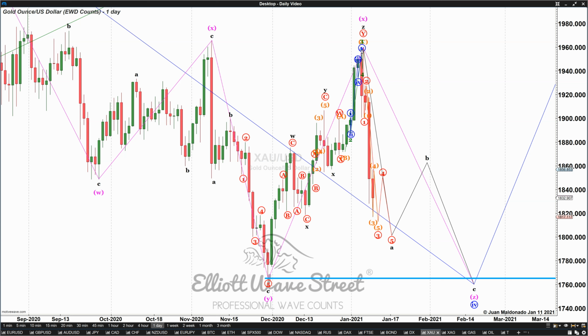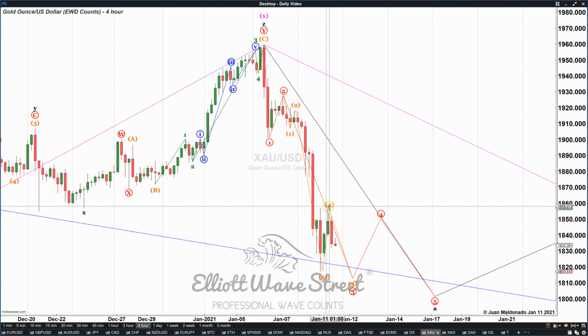We are in the impulse, ABC: impulse for A, then a corrective B wave, and finally a 5-wave sequence down for the C leg. Once we have the completion of wave 4, I'm going long, and I'm going to target the 2000 area. Of course, in the meantime, we can take some day trades on the lower time frames.